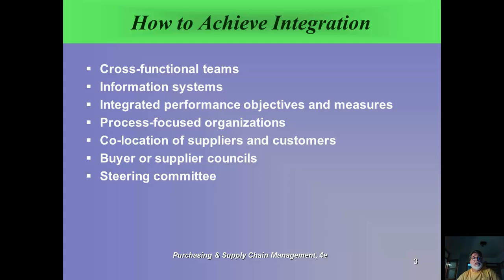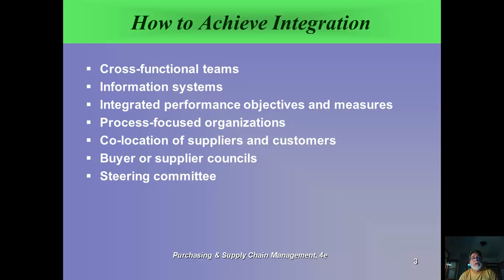Now, how do we achieve this integration? Well, one of the things we're going to talk about today is about cross-functional teams. That'll be later on in the presentation. Another way, too, is this simple idea of working with information systems, an ERP system that's not just within our organization but also connects up with the suppliers, and even further down in the supply chain.